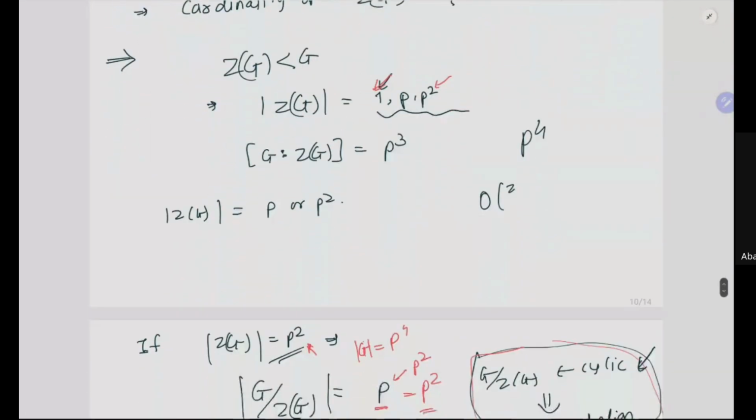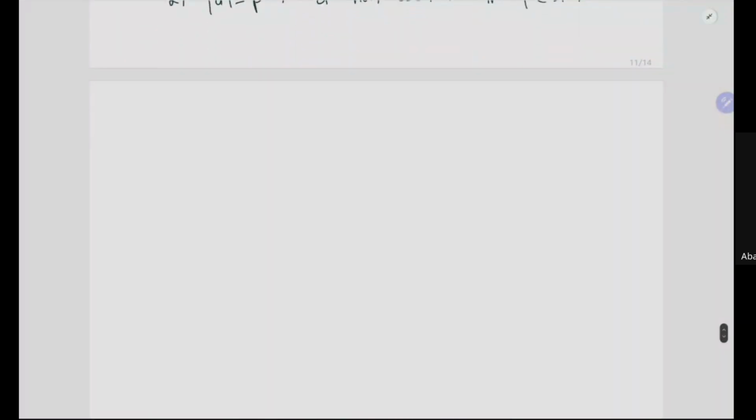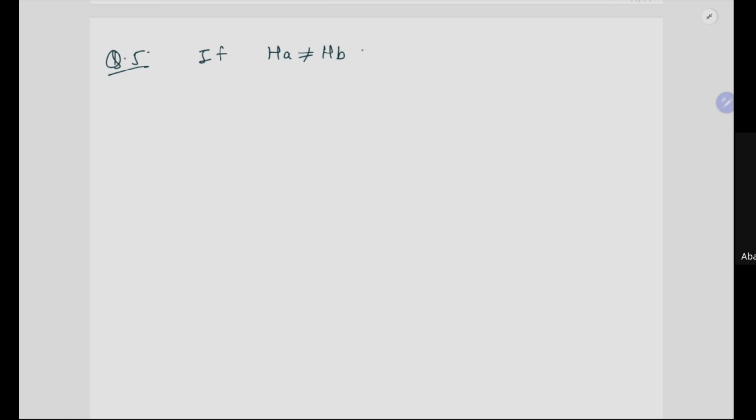We already saw something related to cosets in order to prove things. So let us move to the next question, maybe this is question 5. If Ha is not equal to Hb, then this implies that aH is not equal to bH.